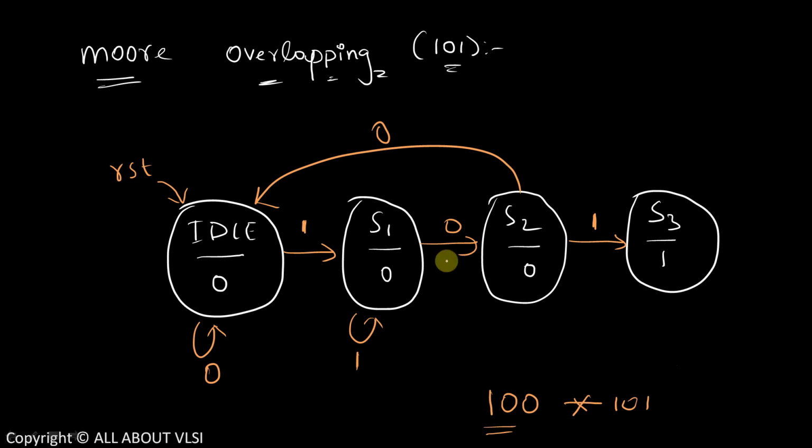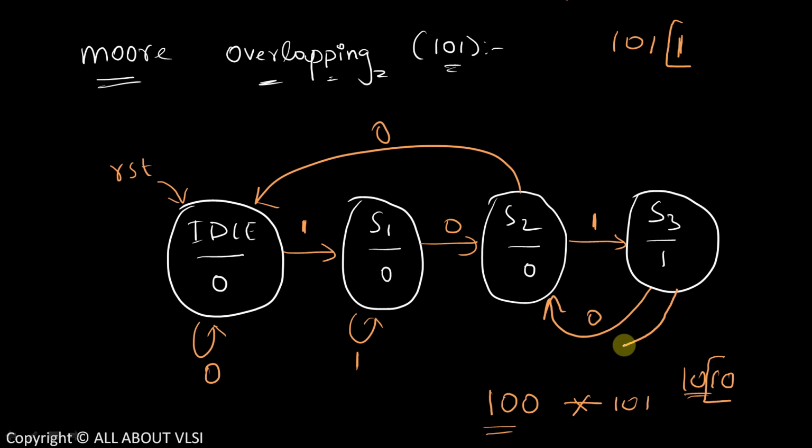Now if you are in S3 state and you have got the sequence 101, and if you get one more 0, then you can reuse this 10 for building one more sequence. So that's why you are going to S2 from S3 if your input is equal to 0. And if you are in S3 state, you have already got the sequence 101, and if you get one more 1, you can reuse this particular 1 for building the sequence.